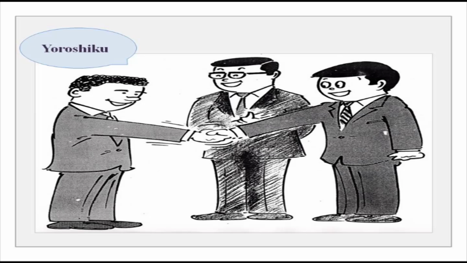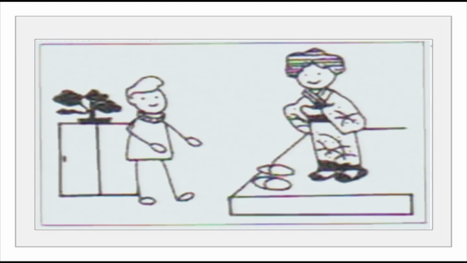Then, what do you do when you go to a Japanese house? As you can see in this picture, this is the main entrance of the house. There is a small bonsai plant here. The lady of the house is here and this gentleman has just entered, and there are slippers, and this is a small elevated portion where you have to step up and enter the house.